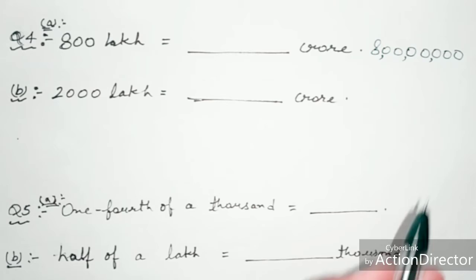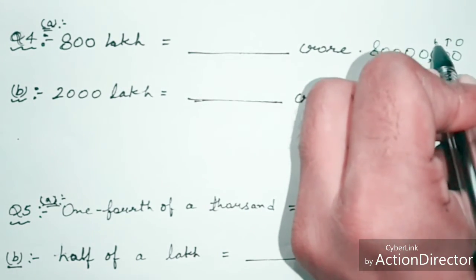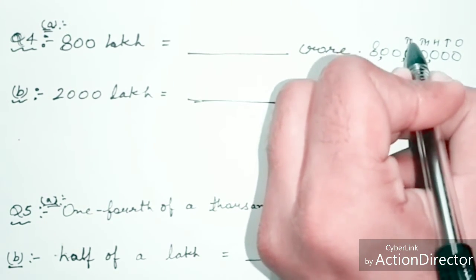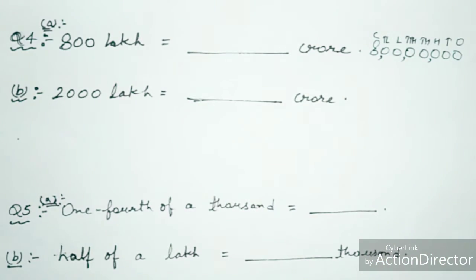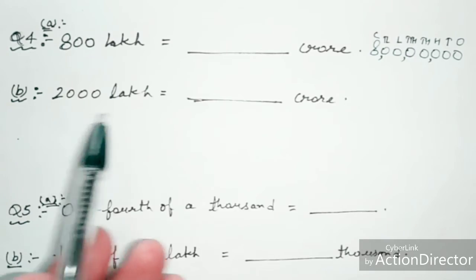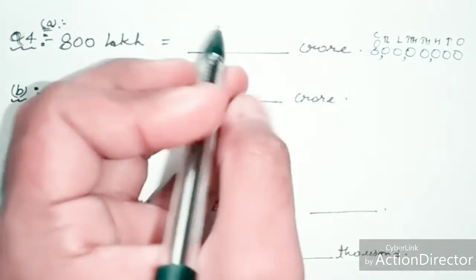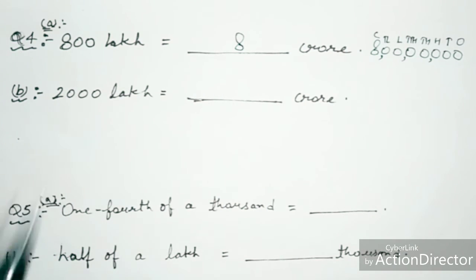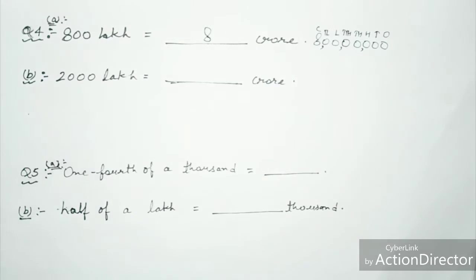Now here we write place values: ones, tens, 100, 1000, 10,000, lakh, 10 lakh and crore. So how many crore in 800 lakh? So 8 crore. We write here 8 crore. 800 lakh equal to 8 crore.